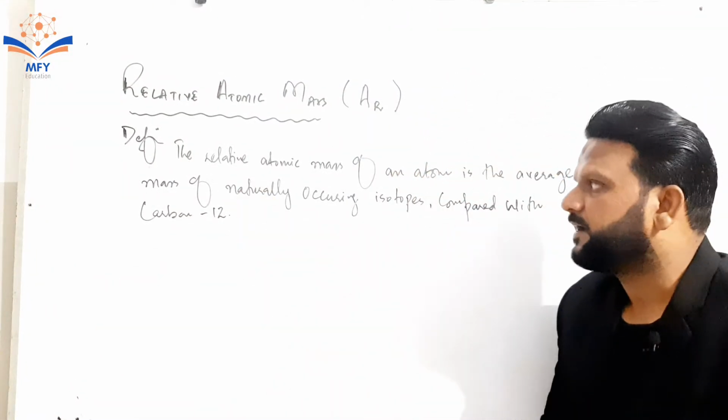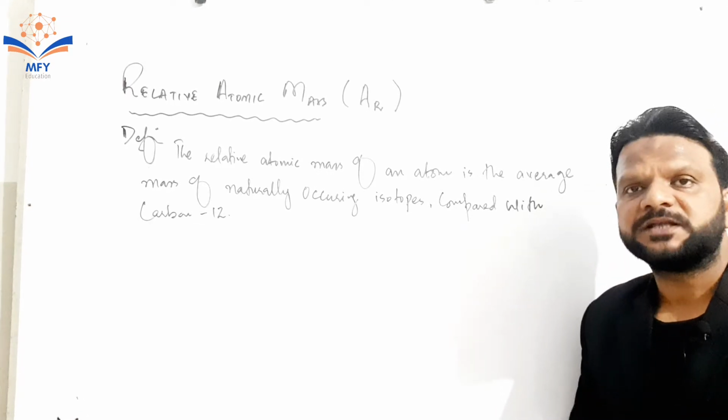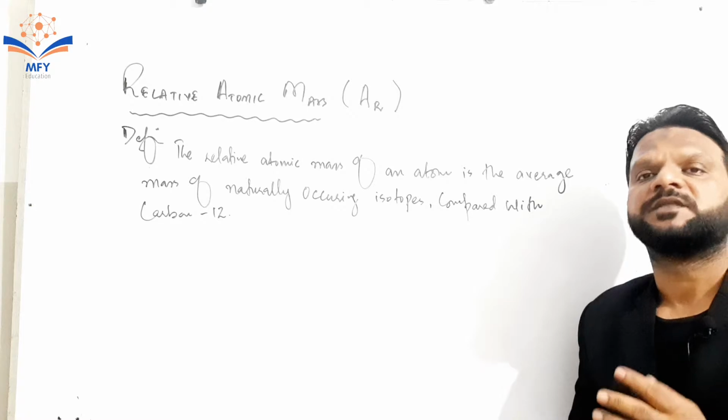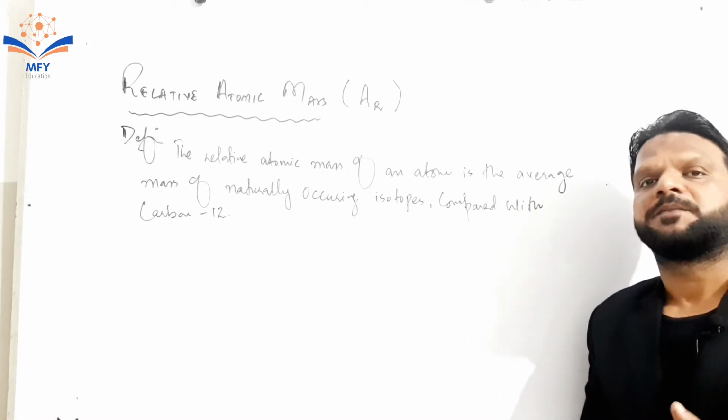Here's the definition. The relative atomic mass of an atom is the average mass of naturally occurring isotopes compared with carbon 12.